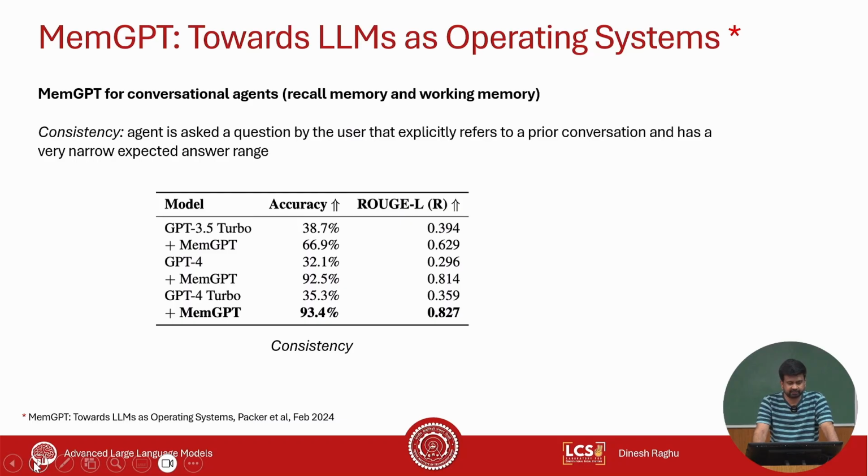So what they say is that GPT 3.5 and GPT-4 Turbo, if you use them out of the box, they simulate a scenario where you cannot fit all the multi-chat sessions into the memory. So they do some sort of a summarization and put them back into the context, right? So when you use that, the accuracy seems to hover around 30 to 40, right?